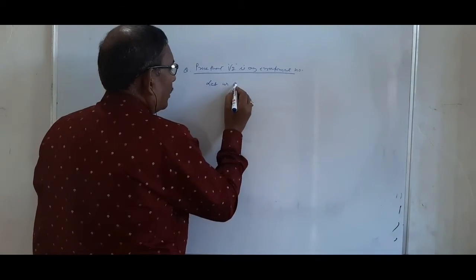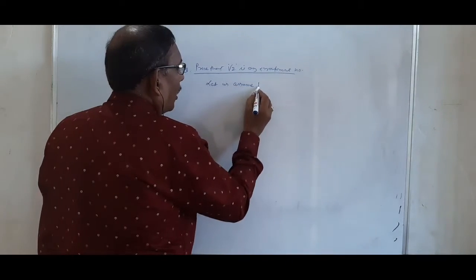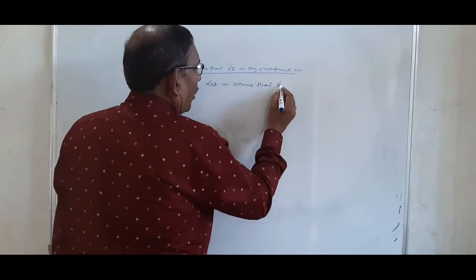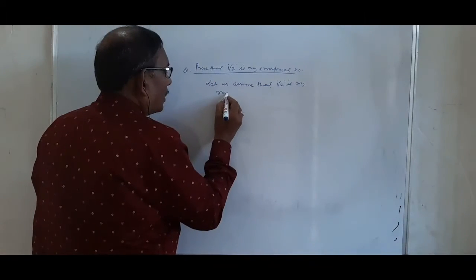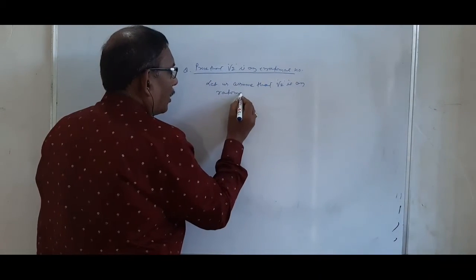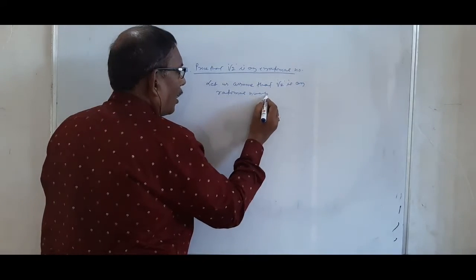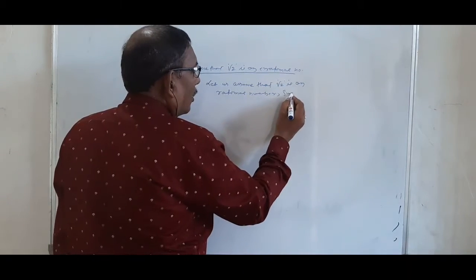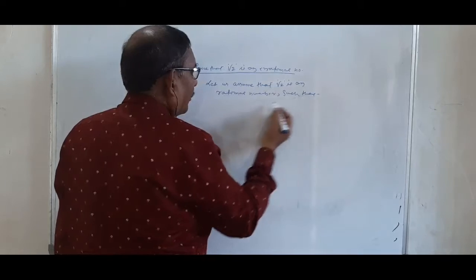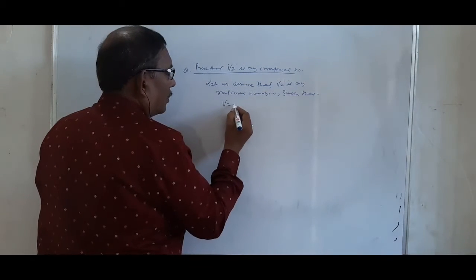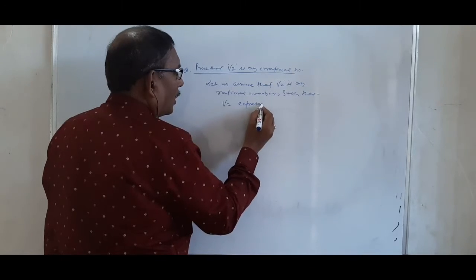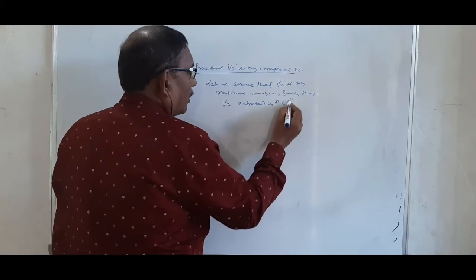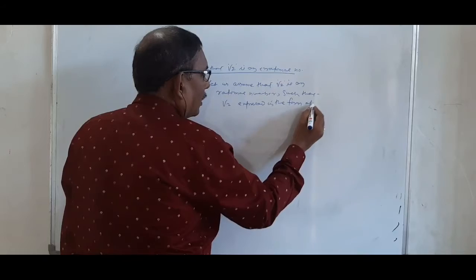Let us assume that root 2 is a rational number, such that root 2 is expressed in the form a by b.